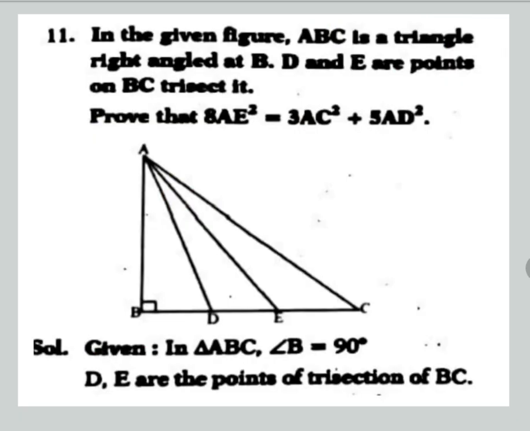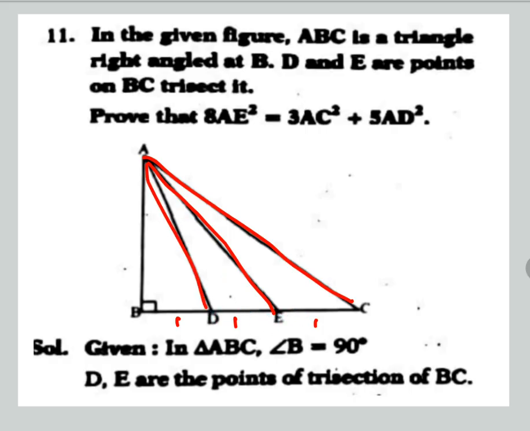In the given figure, ABC is a triangle right angled at B, and D and E are points on BC that trisect it. That means the ratio is 1 is to 1 is to 1. Then prove that 8 AE square is equal to 3 AC square plus 5 AD square.